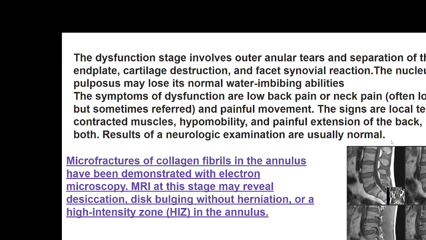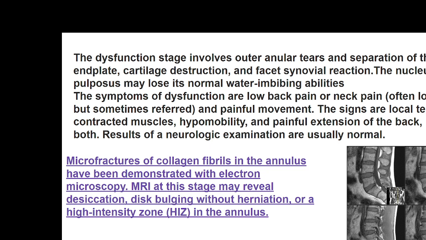The patient would have more pain during extension of the back or the neck or maybe both areas. Otherwise, if you do the neurological examination, everything may look normal. So that's the stage of dysfunction where there are no neurological deficiencies. Local pain, tenderness at the area, and spasm of the muscles would be the characteristic features.